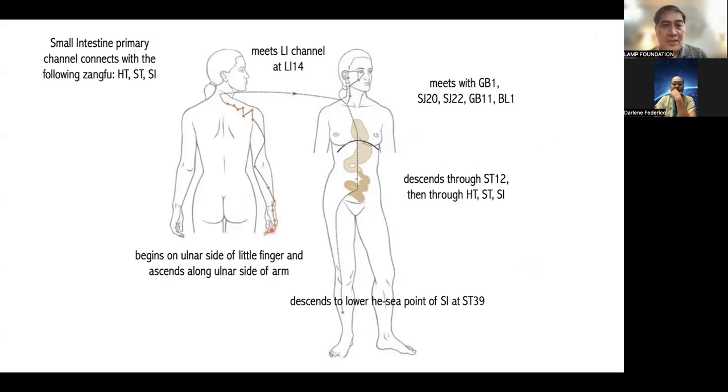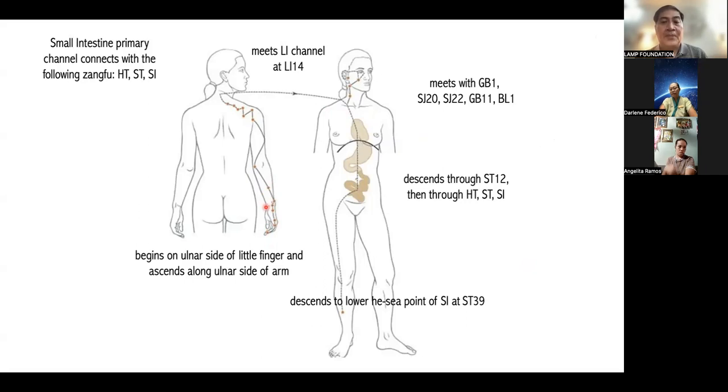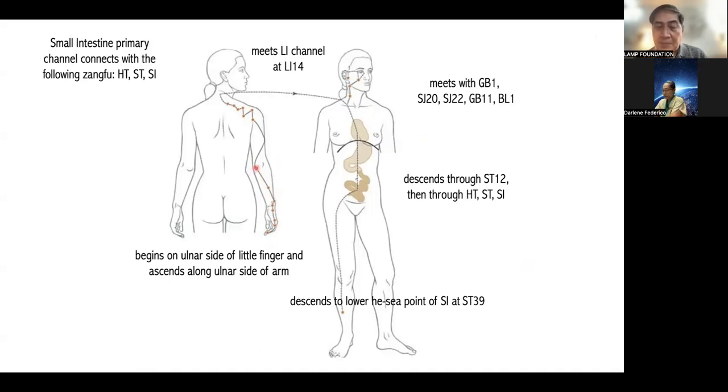Tip of the little finger, ulnar side, and then it ascends along the ulnar side of the hand to the wrist, and then it emerges at the styloid process of the ulna, and then it goes directly upwards along the posterior aspect of the ulna.